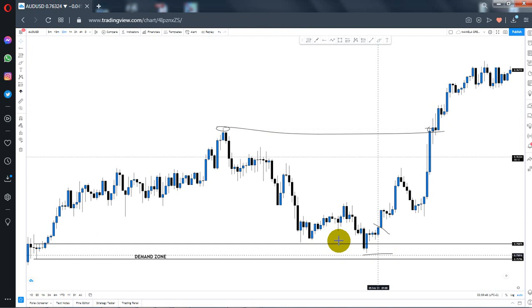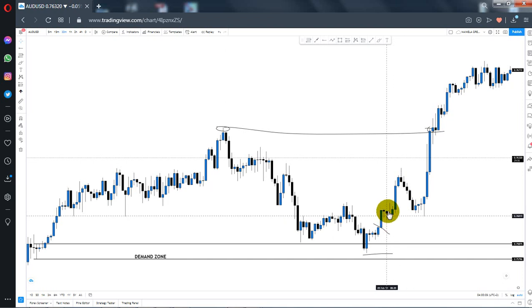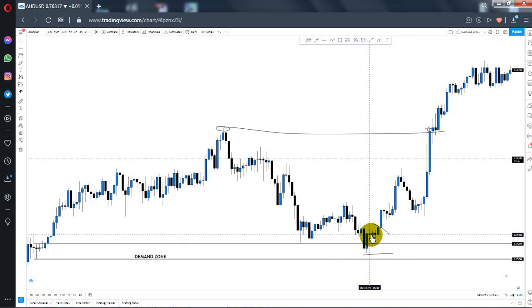if you look here after this demand zone, you can see that the market did what? Rallied up. After this consolidation here, the market rallied up, then they give us another base here. Then look at the movement out of the base here. It was very bullish. Then as you can see, the rejection point, remember in this instance you have two bases, which is this one and this one.